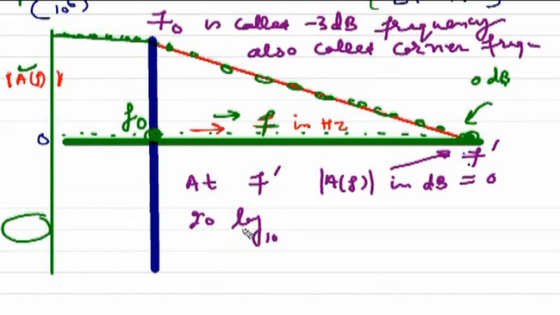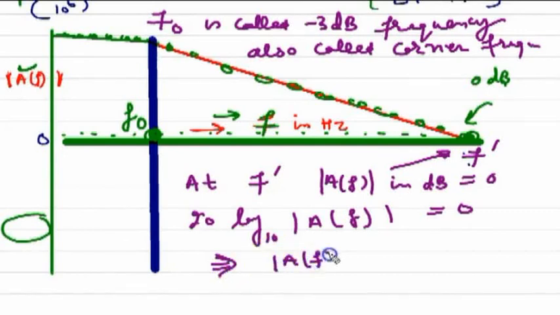So the magnitude of AF with log is equal to 0, but the magnitude of AF itself is equal to 1.